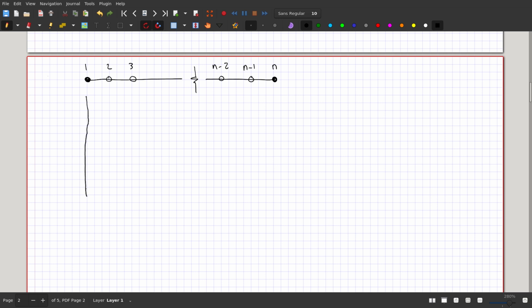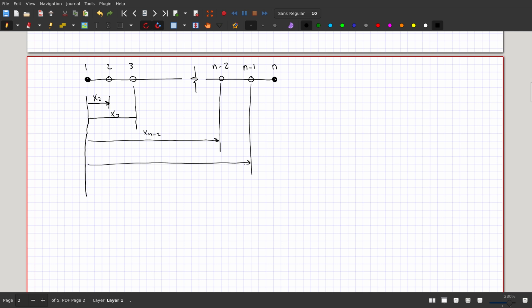So if this is our datum, then we'll say this is the position of x2. This is the position of x3. This is the position of x n minus 2, and so on.